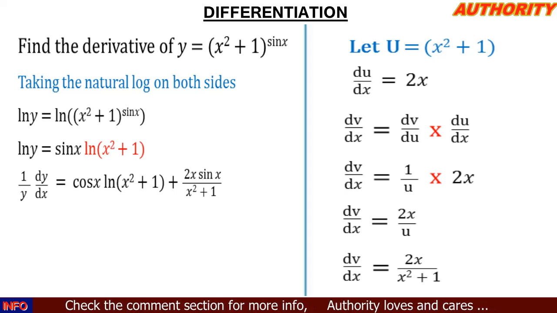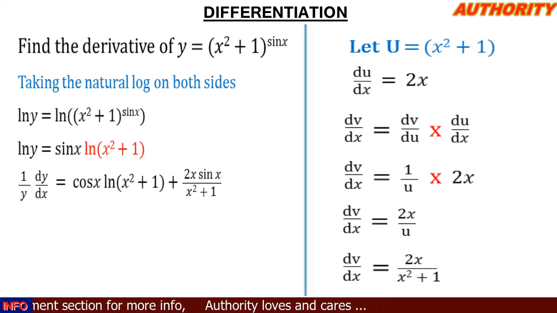The derivative of ln (x squared plus 1) gives us 2x all over x squared plus 1, and multiplying by sine x gives us 2x sine x all over x squared plus 1.